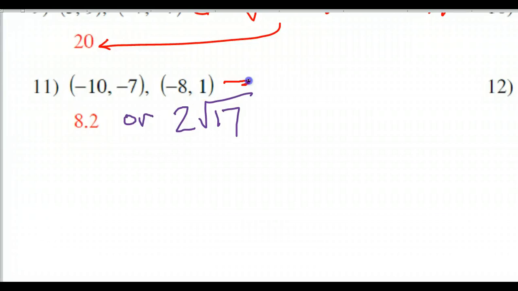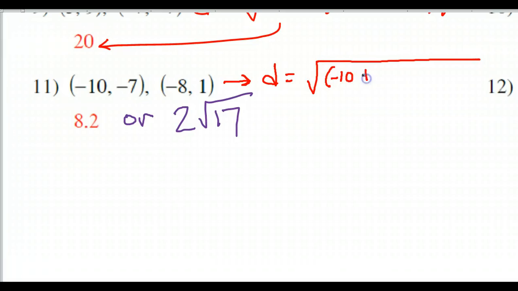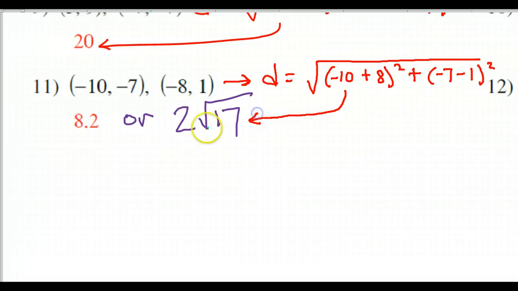Number 11. X minus x, so negative 10 plus 8 squared. Now y minus y, so negative 7 minus 1 squared. If you put that in your calculator, you should come up with 2 radical 17, which is the same thing as 8.2.